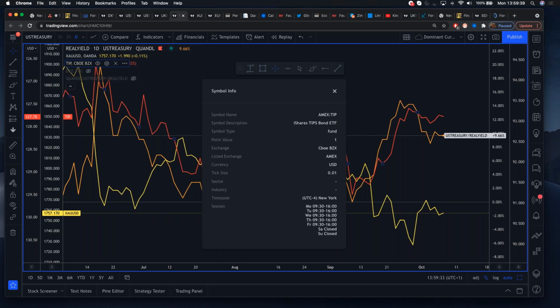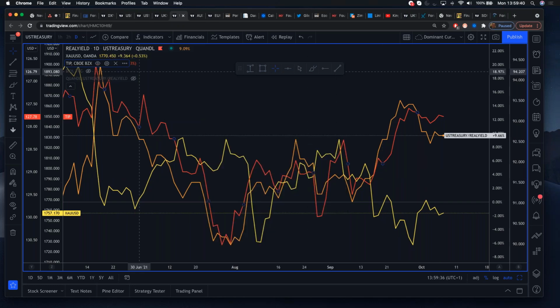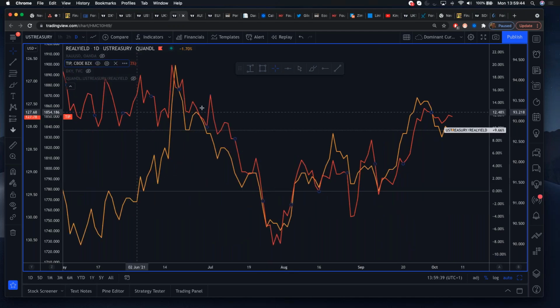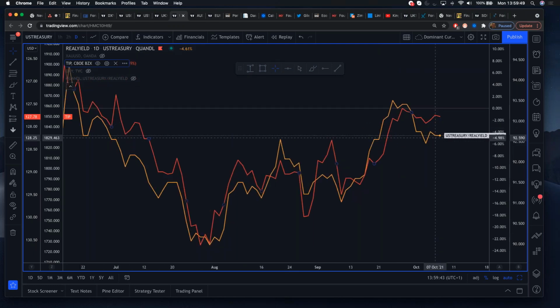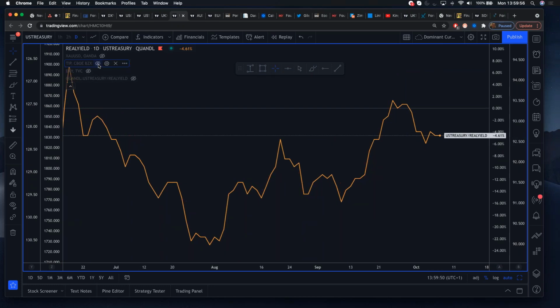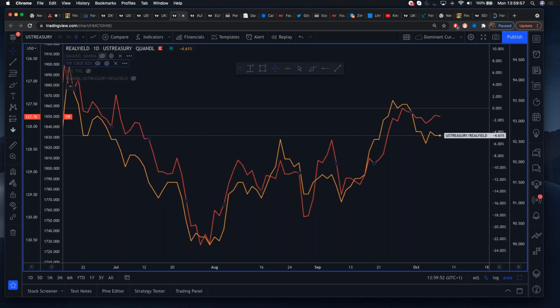Use that as a proxy for real yields, and you can see the two roughly correlate with each other. Real yields only update once a day, whereas TIPs trade day to day. So you've got to keep your eyes on inflation expectations, because that really drives real yields.